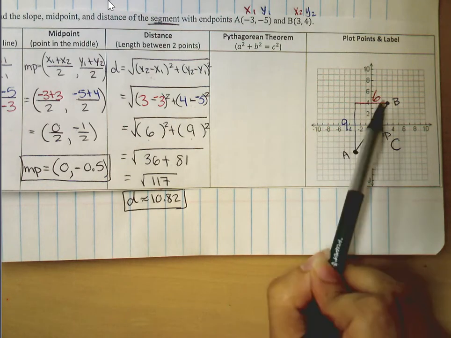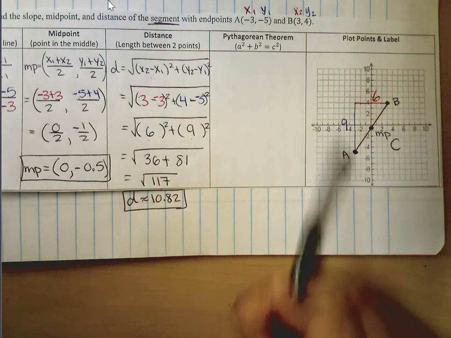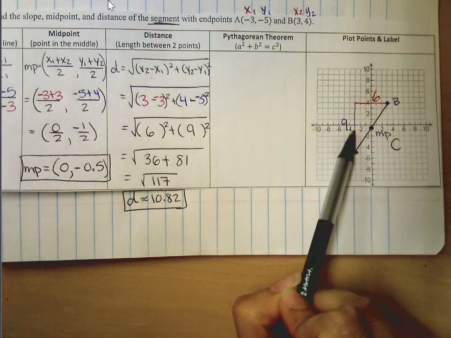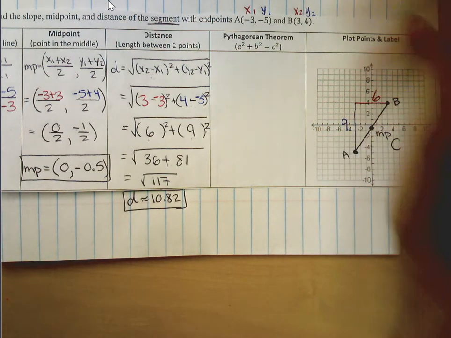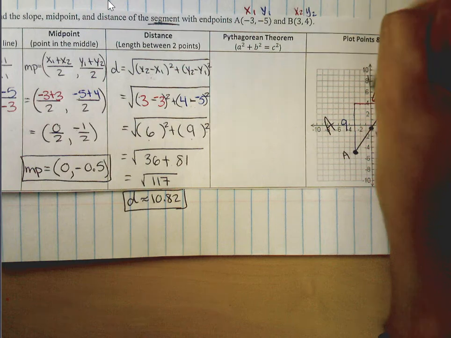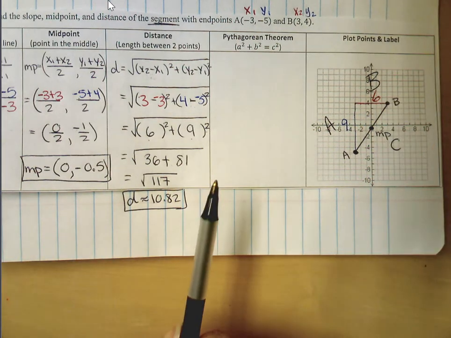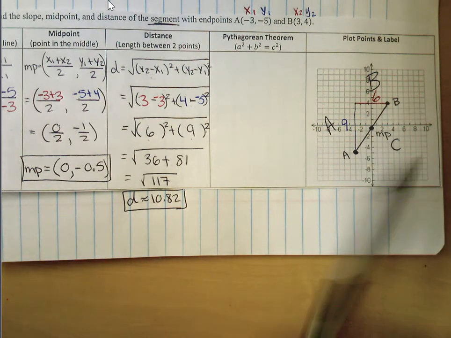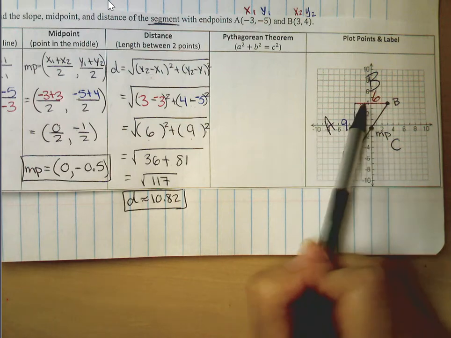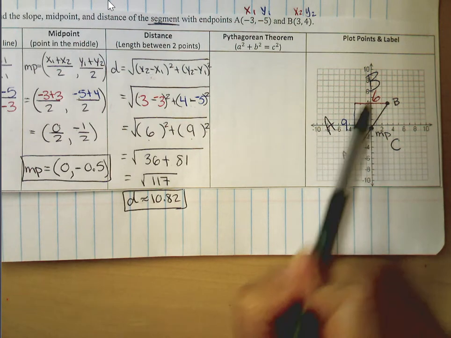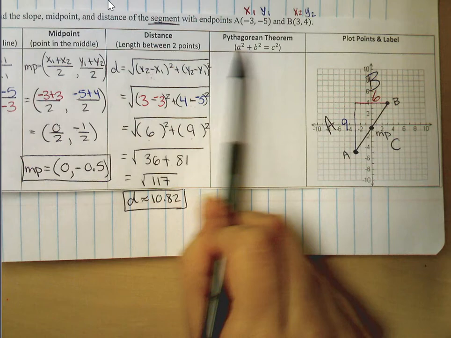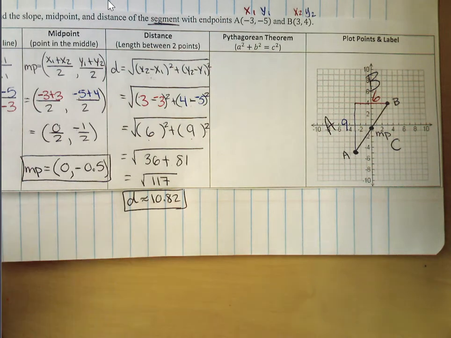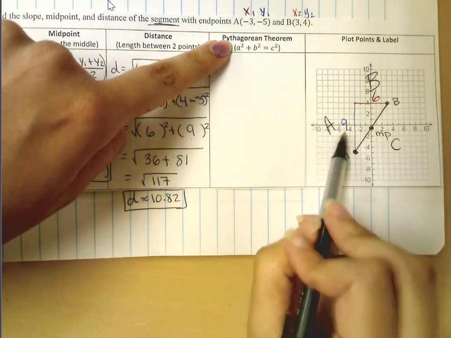The legs of the triangle, which is going to be like your rise and your run, those are going to be A and B, and it doesn't matter which one's which. So I'm going to make this one be A and this is side B. Now all I have to do is plug in the side length for those parts of the triangle into my theorem. So my A is 9.